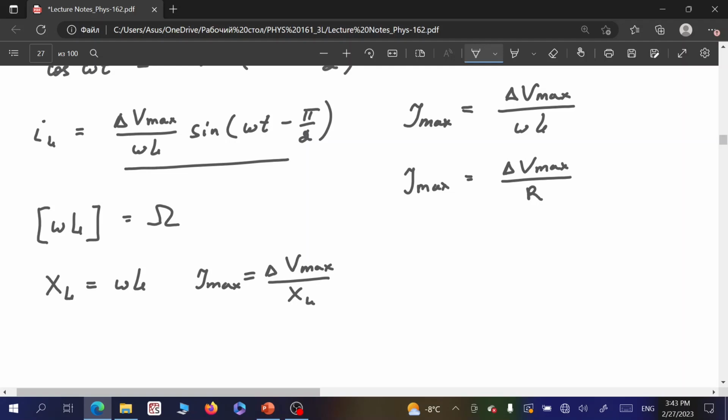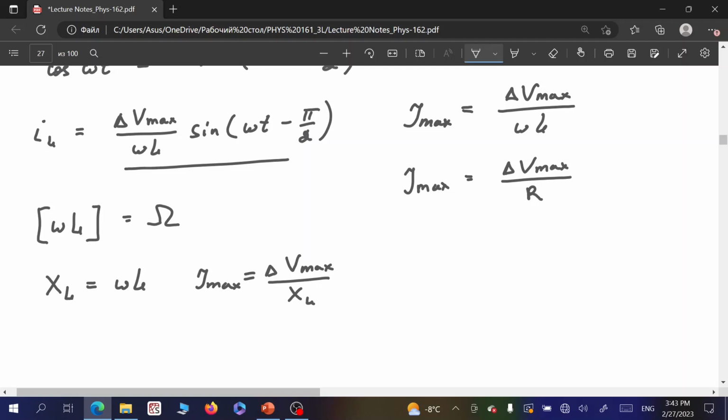And when we look at phasors, we do see first the voltage phasor, and then behind it, lower, we see the phasor corresponding to electric current, lagging by pi over 2.